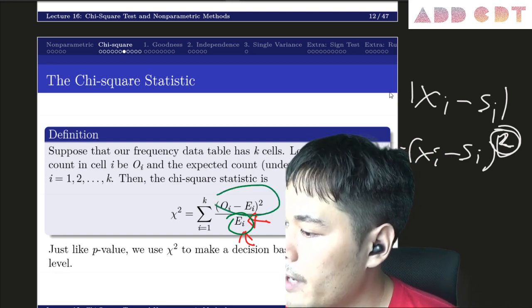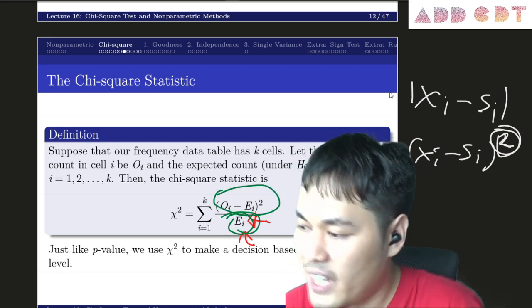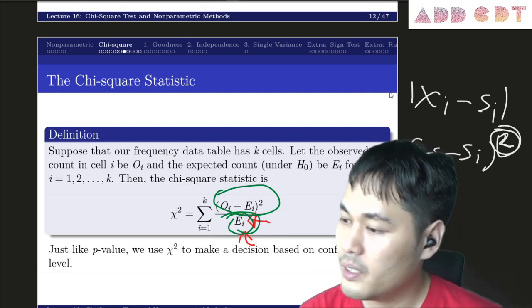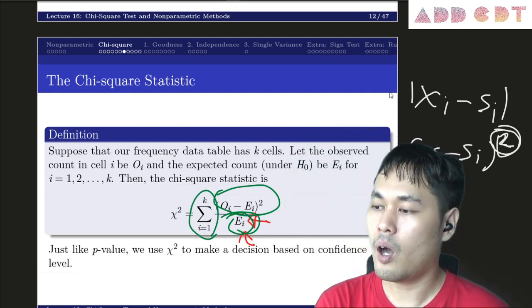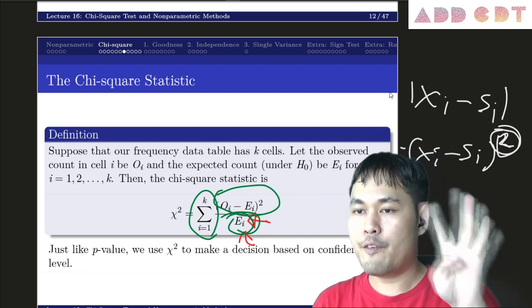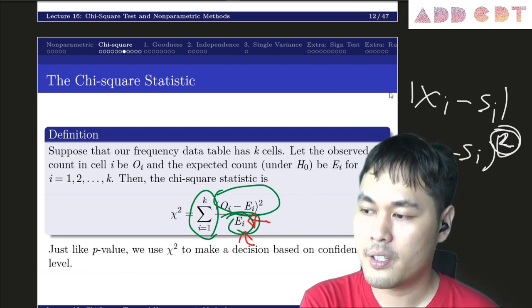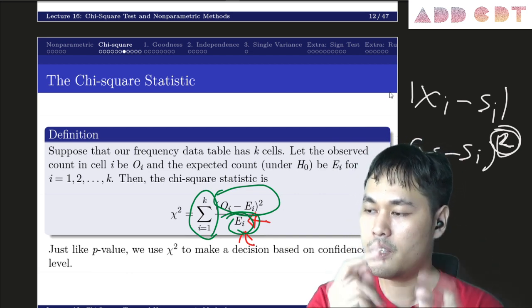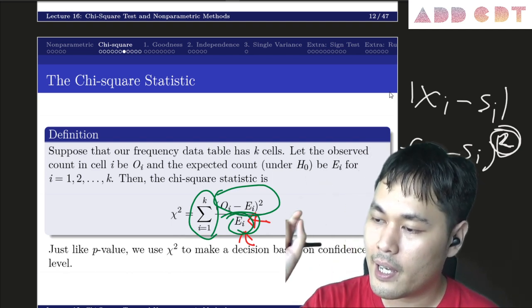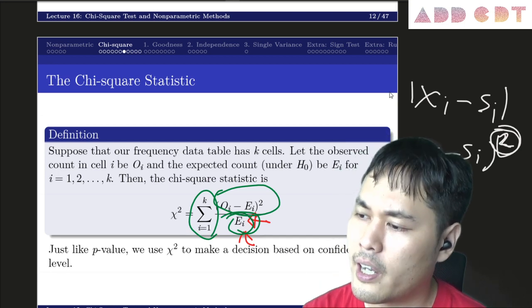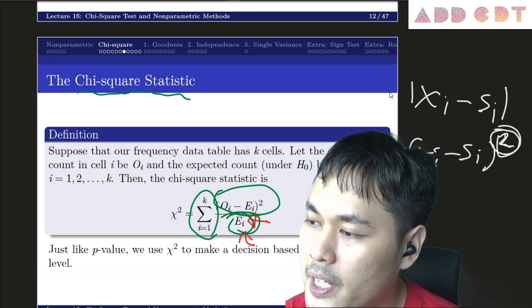So now we have digested this formula into different parts. And again we have to sum up all the differences. If we have 4 buckets, 4 categories, then we just sum up these 4 values, and those 4 values give us what we call the chi-square statistic.